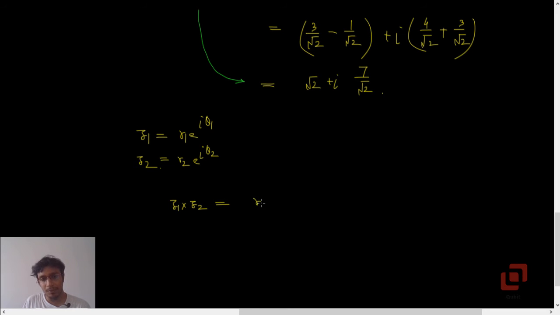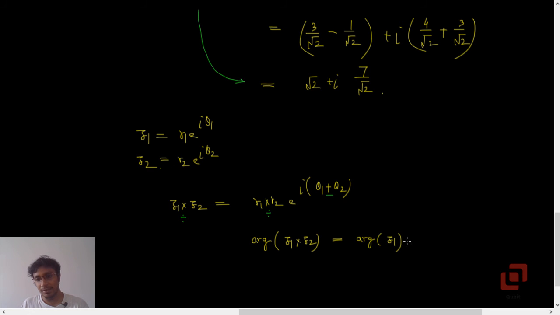It will be a new complex number with modulus r1 into r2 and argument theta 1 plus theta 2. And if you wish to divide, then it will be r1 upon r2 e to the power i theta 1 minus theta 2.